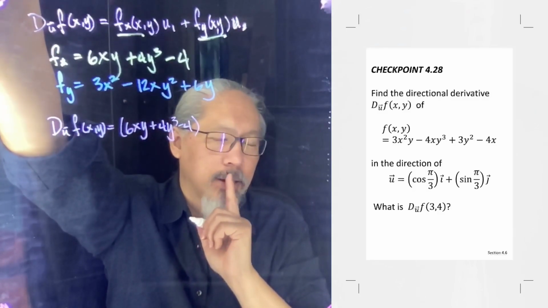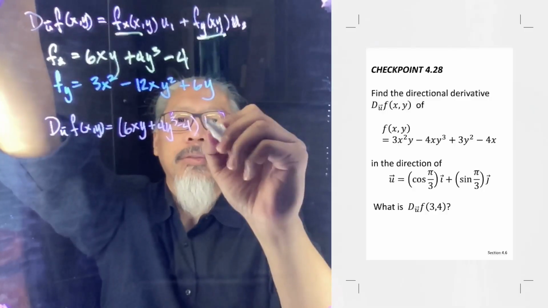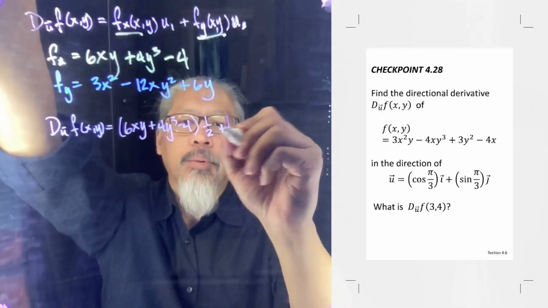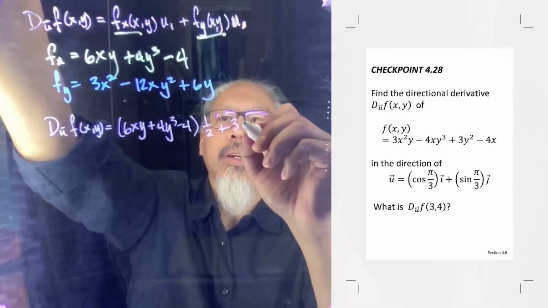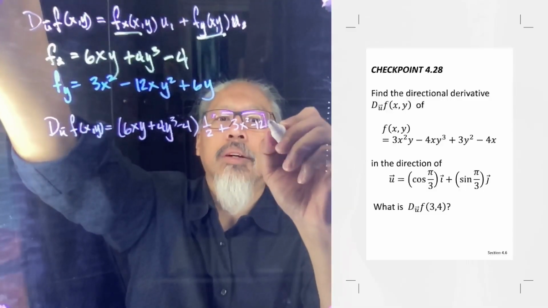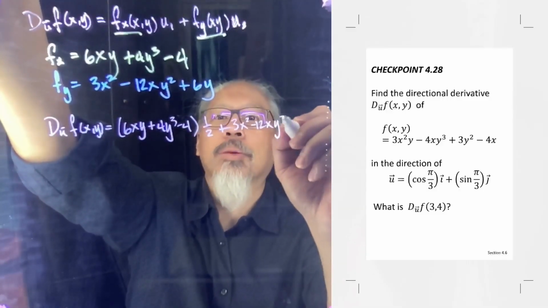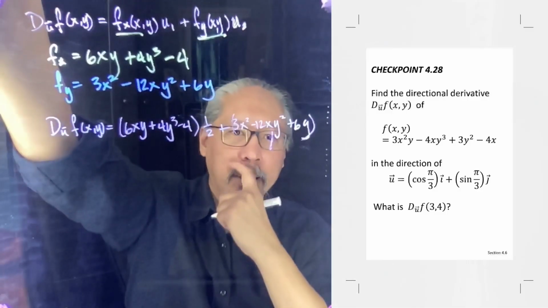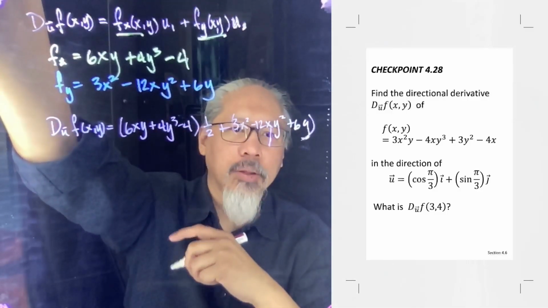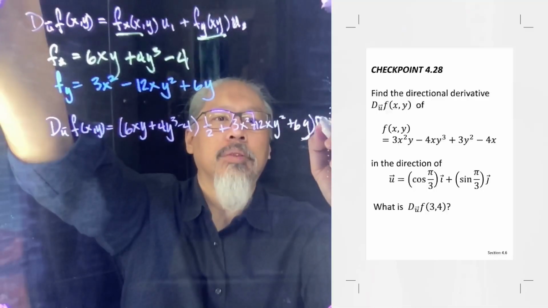I think the cosine of pi over 3 is 1/2. And then we have to add 3x squared minus 12xy squared plus 6y, and we're going to multiply that by the sine of pi over 3, which is root 3 over 2.